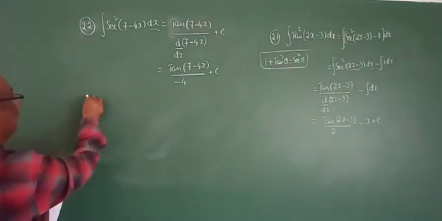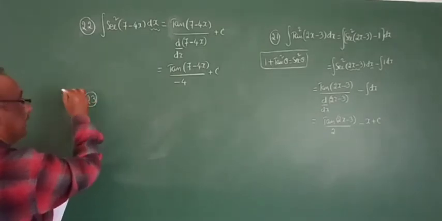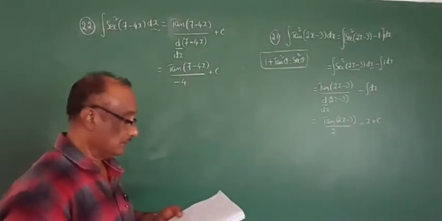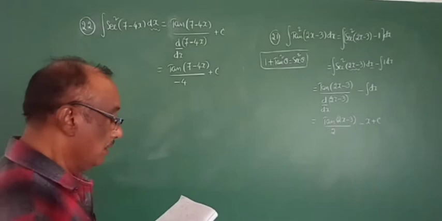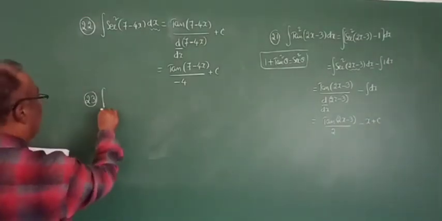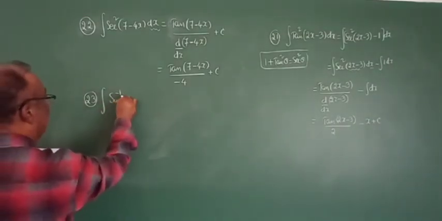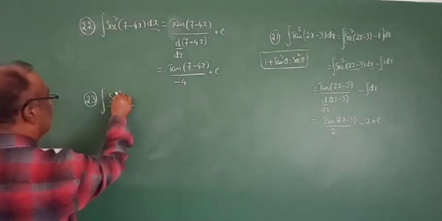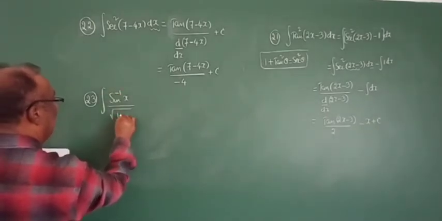Right, 23. First, move towards 23. Integral of sine inverse of x by root over 1 minus x square.